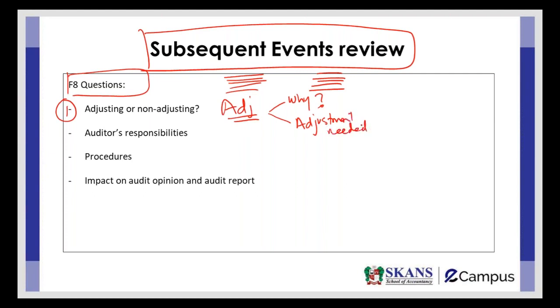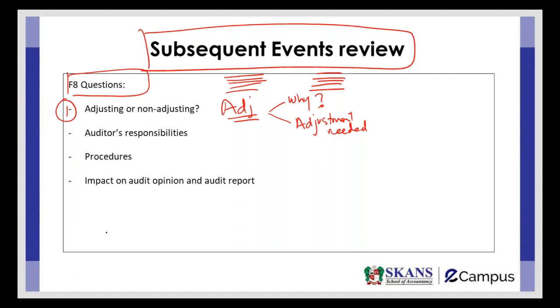And this is what most students miss out on. You'll have to tell me, this is an adjusting event because this condition existed at the balance sheet date. Receivables will need to be written down by 20,000. Inventory will need to be written down by 50,000. Or a provision needs to be created, so liabilities have to go up by 70,000. Please remember that it is automatically assumed that you have to explain the adjustment.